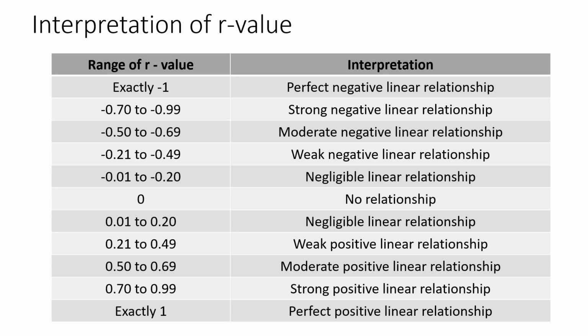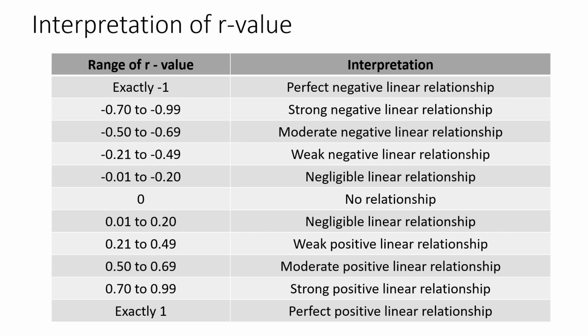If it is exactly negative 1, then the interpretation is a perfect negative linear relationship. From negative 0.7 to negative 0.99, that means a strong negative linear relationship. Negative 0.5 to negative 0.69 is a moderate negative linear relationship.